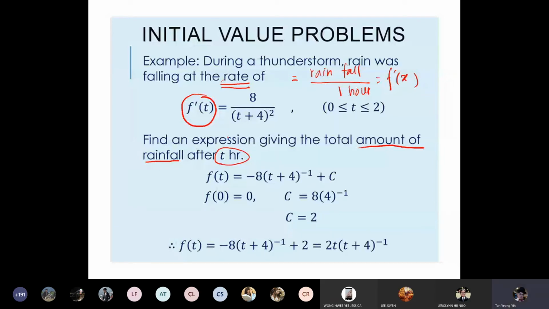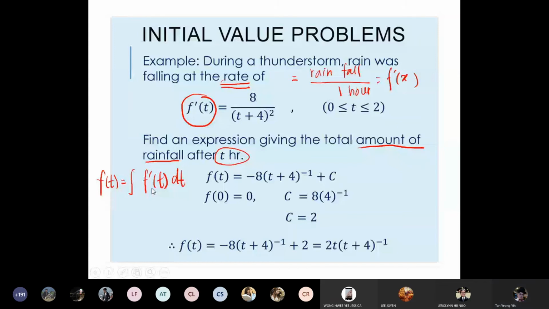You can try to link this back to marginal revenue. We differentiate the cost function, we get the marginal cost function. So according to the concept, we integrate the marginal cost function, we get back the cost function. So to get back the total, we integrate the rate.